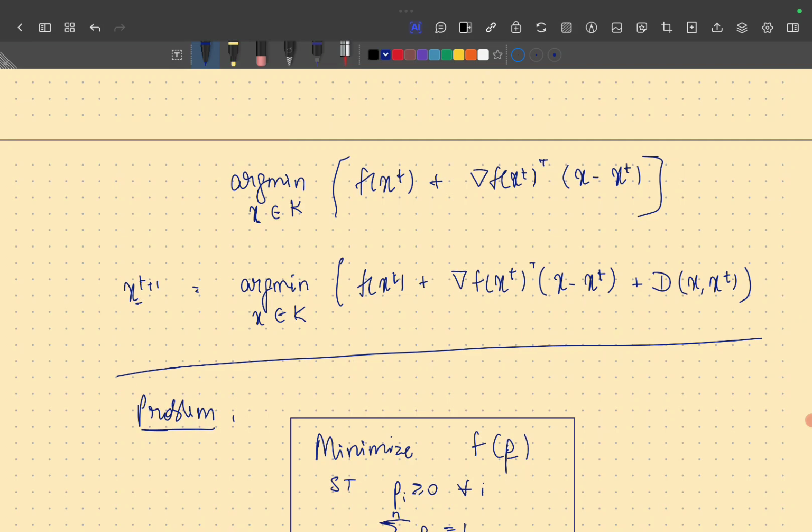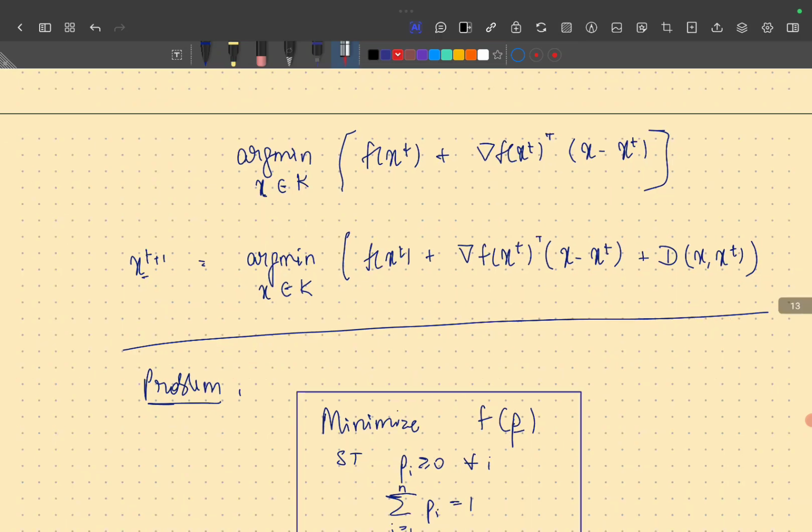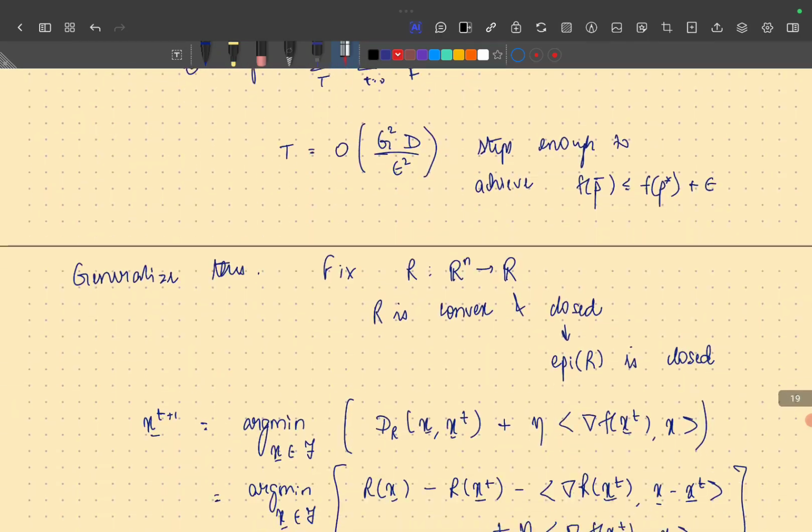What were you doing at each step? You were approximating f of x by something that is linear plus a regularization term. That was the high-level idea behind this class of gradient descent algorithms. But at each stage, you don't have a better approximation of f of x. Here the idea is that you don't universally approximate f better at every step, but you try to approximate f at xt better and better as you go along. I'll try to make that more formal.